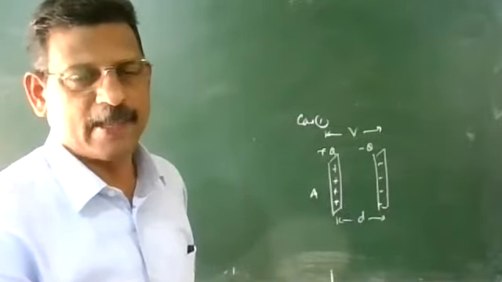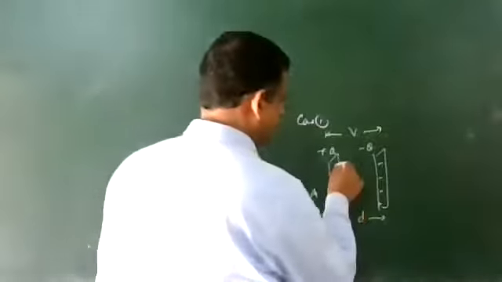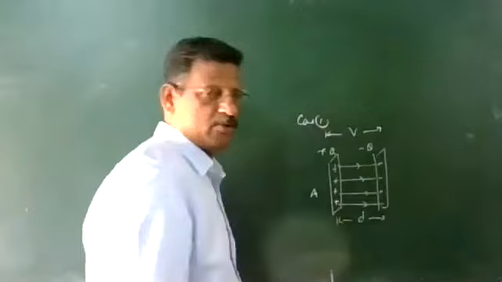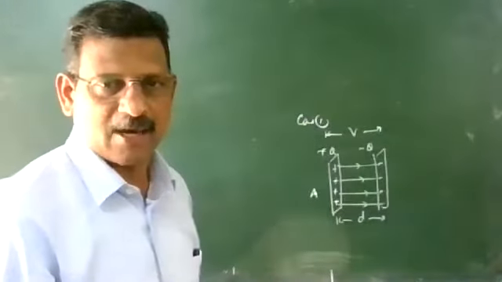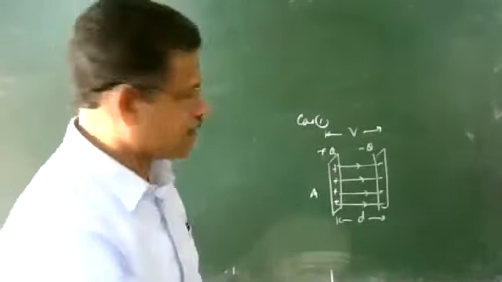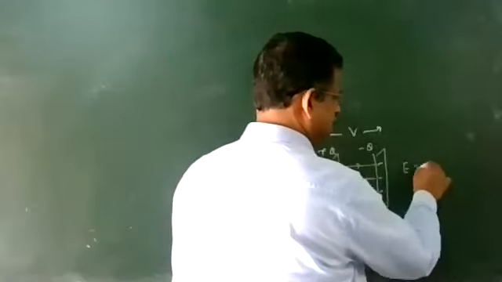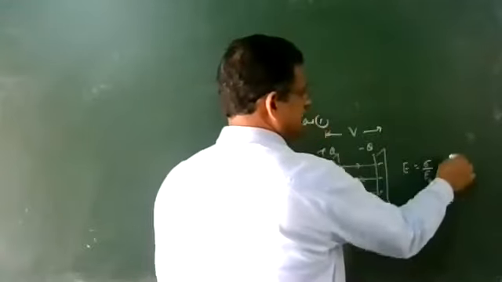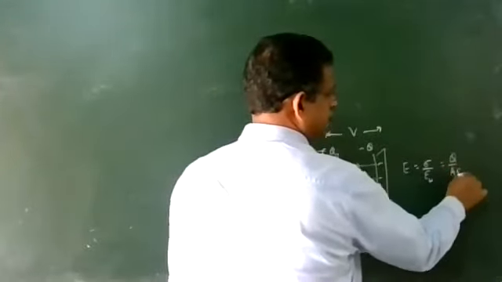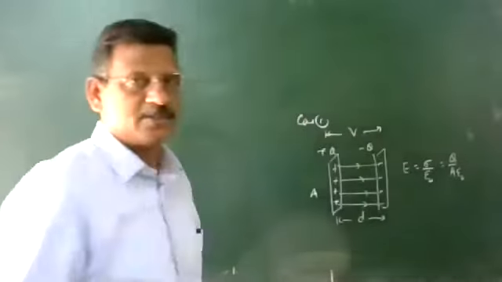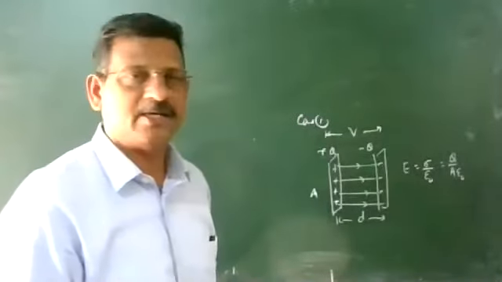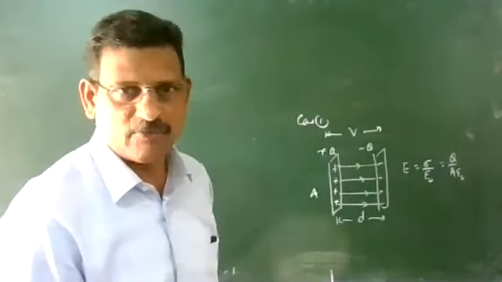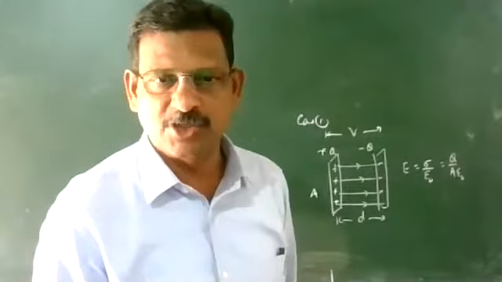You have plus Q and minus Q parallel plates, so there is a uniform electric field, equal to sigma by epsilon 0. Sigma means charge per unit area, sigma is Q divided by A. So this uniform electric field exists there, and you want to find out the capacitance of this arrangement.